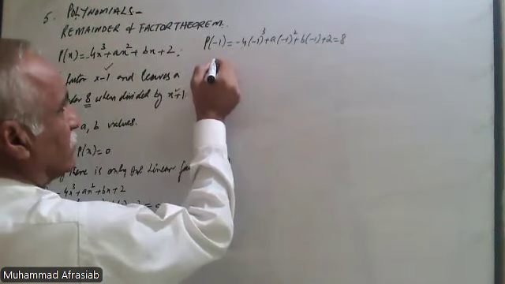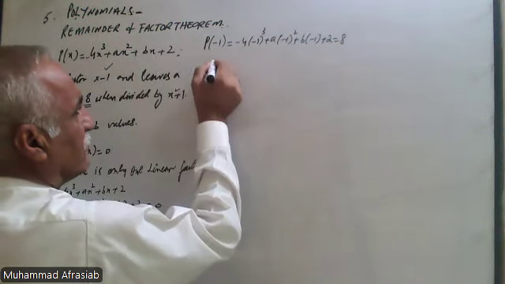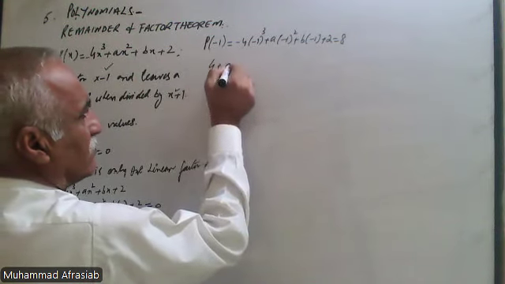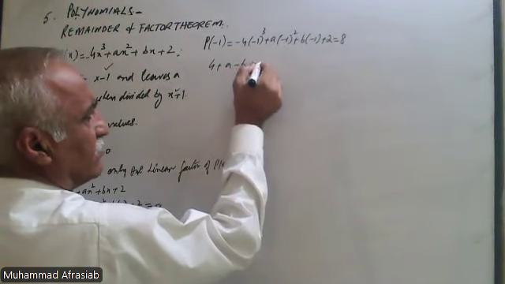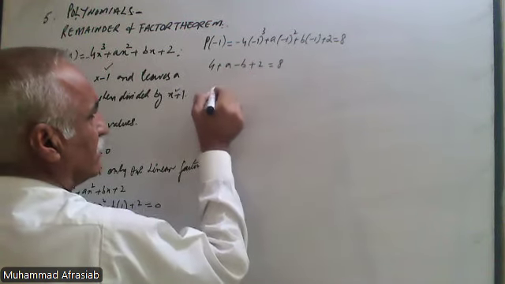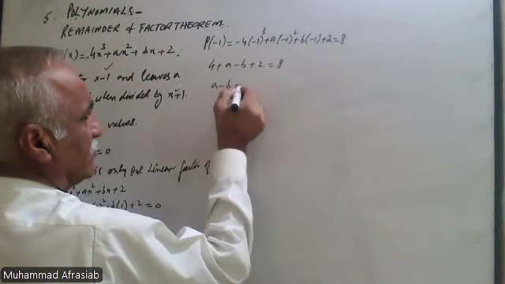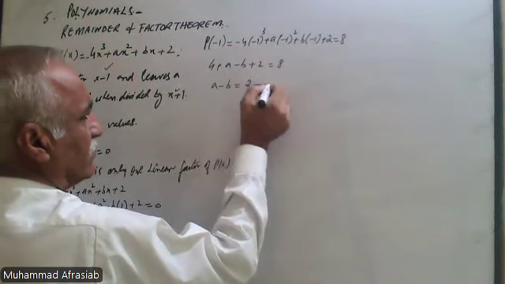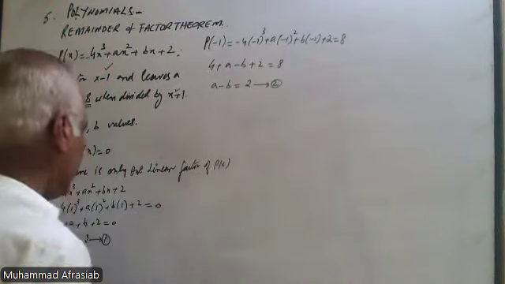So this will become 4 plus a minus b plus 2 is equal to 8, or a minus b is equal to 2, and let's say that is equation number 2.